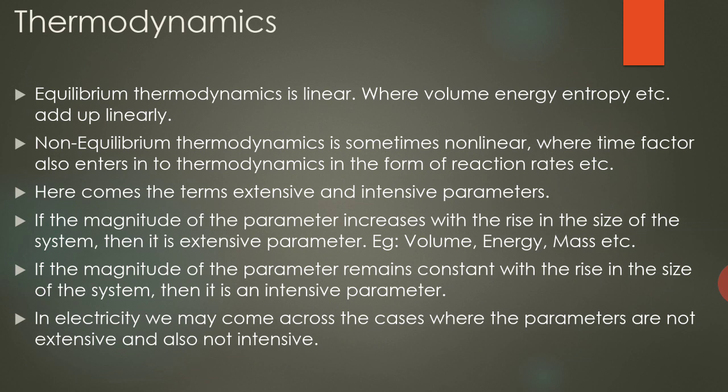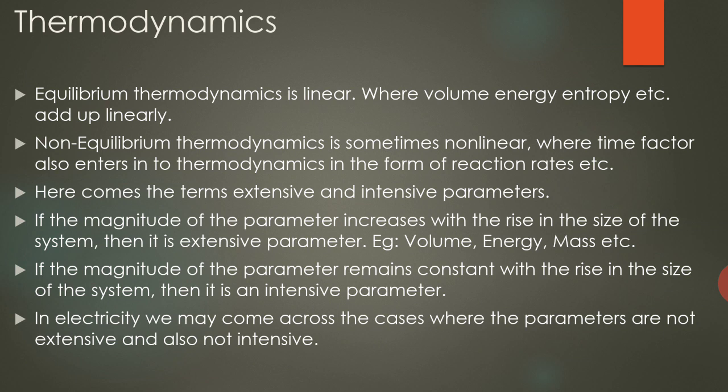Parameters which rise with an increase in the size of the system are called extensive parameters, whereas intensive parameters do not change with an increment in the size of the system. Examples of extensive parameters are volume, energy, mass, etc., and of intensive parameters, temperature, etc.